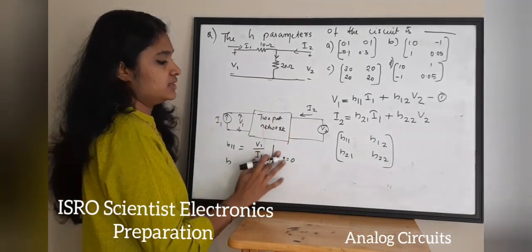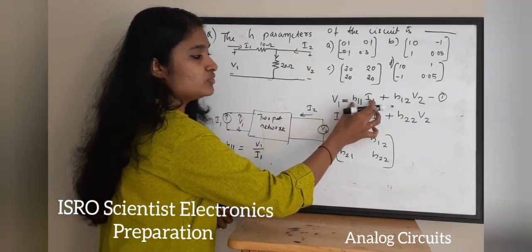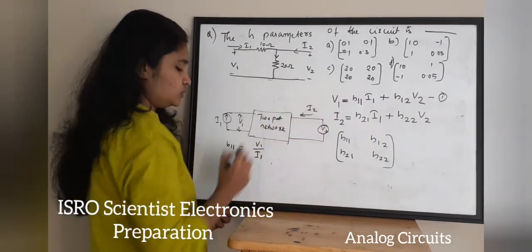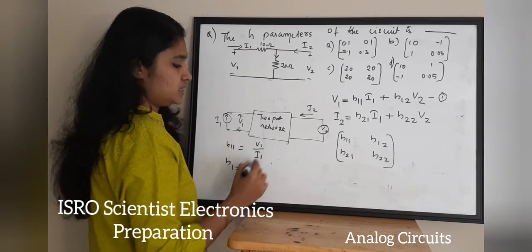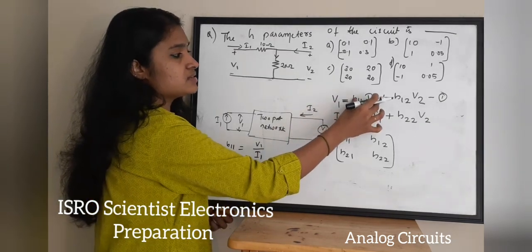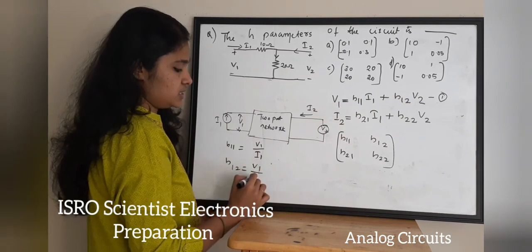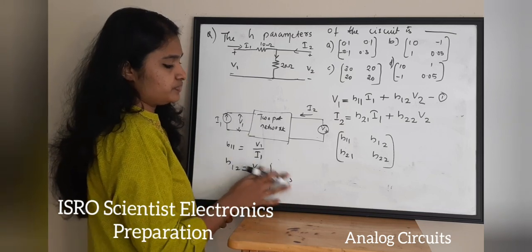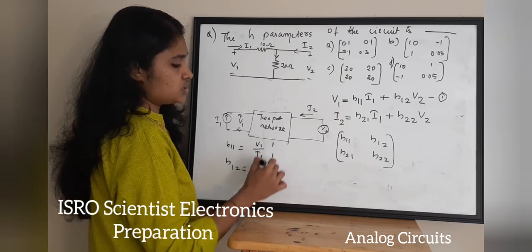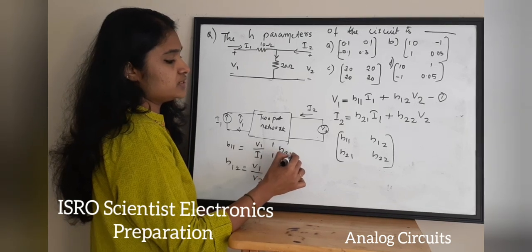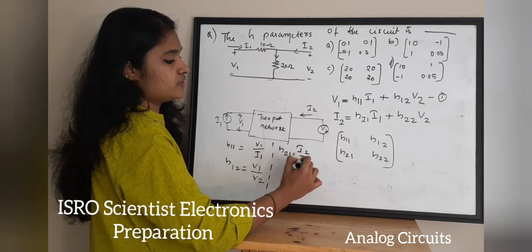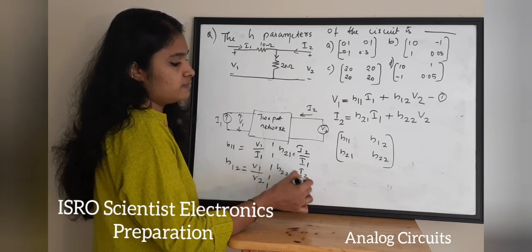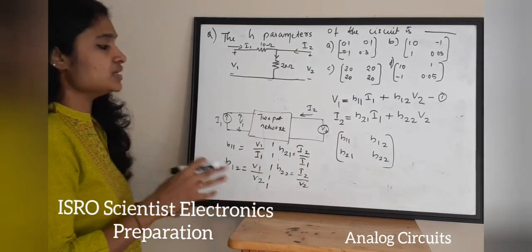Similarly, H12 is V1 by V2 with I1 equal to 0. H21 is equal to I2 by I1, and H22 is equal to I2 by V2.